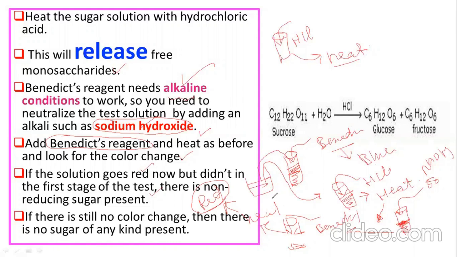But if the color remained blue, as it was before the experiment, it means in this tube, in this stock solution, we don't have sugar. Am I clear up to here?